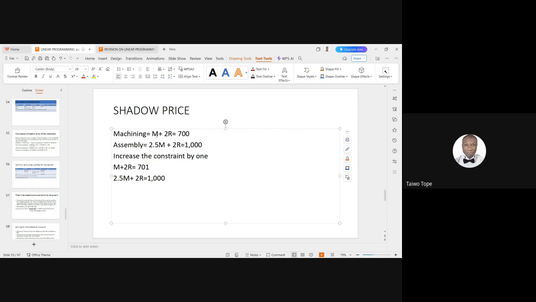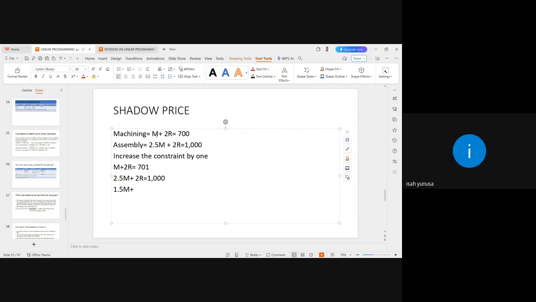When you increase the maximum hours of machining from 700 to 701 by the addition of 1, what will be the value of M? It will still be 2.5M minus M, we have 1.5M.